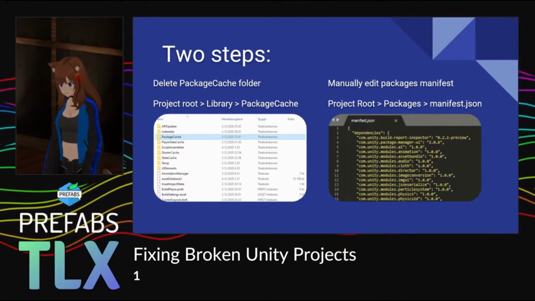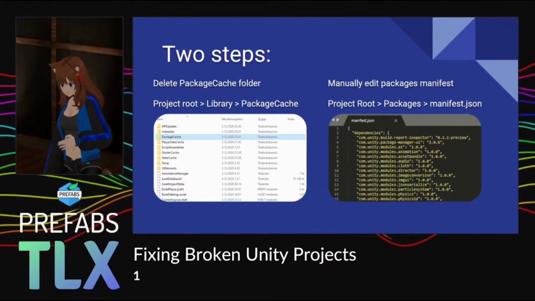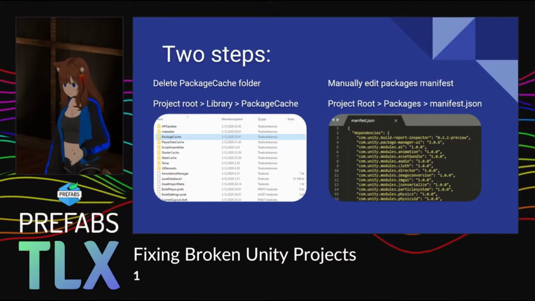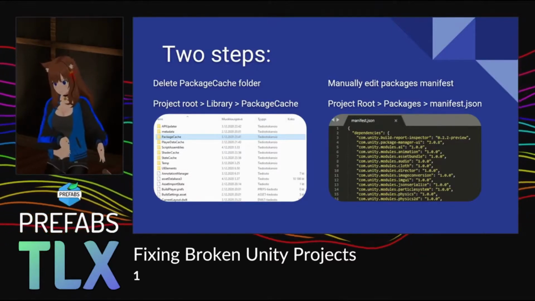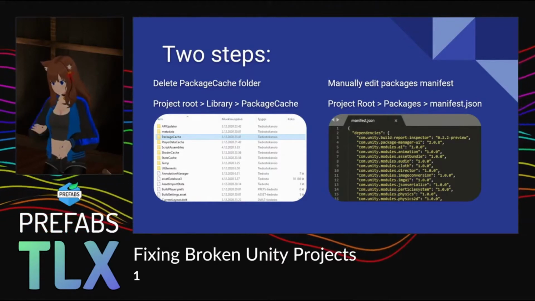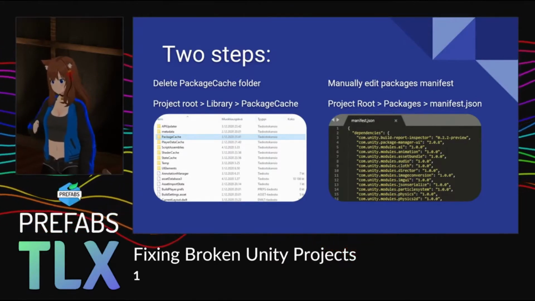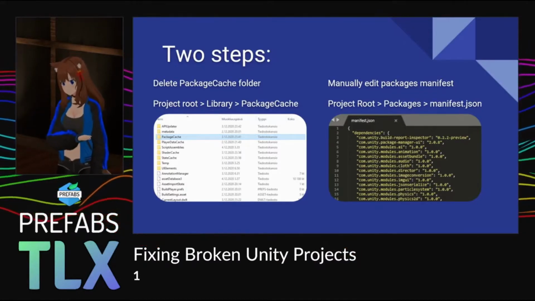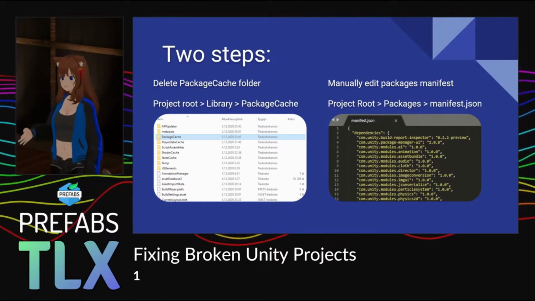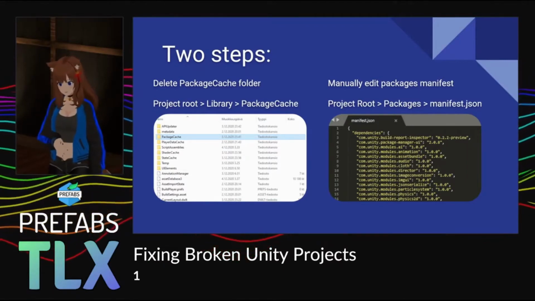So easy fix here, if you don't know what these packages are or have no idea what's right here, you can just copy it over from a working project to the broken project. You can make a backup of the broken manifest just in case you need it, and just copy a working manifest from another project and reopen Unity, which in most cases will solve these kind of issues.